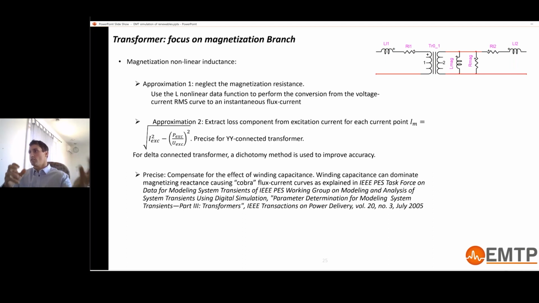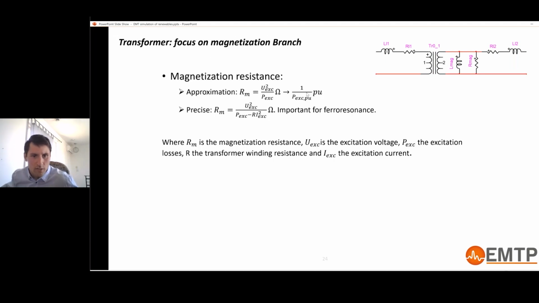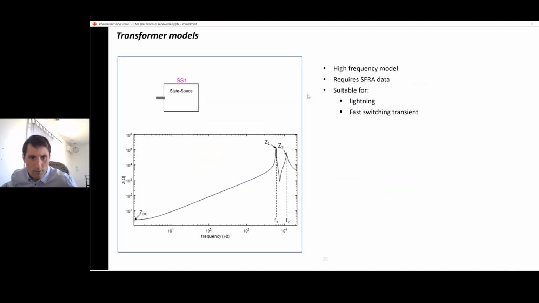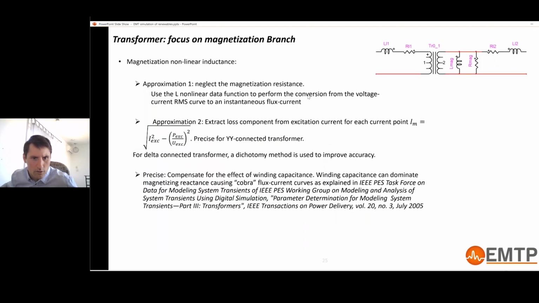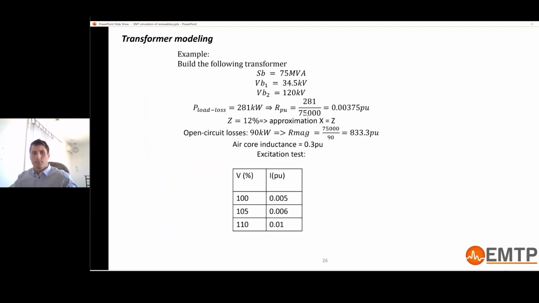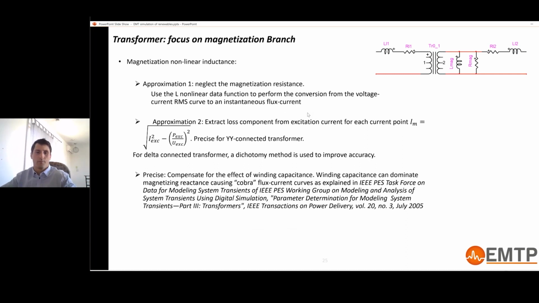The load losses are also a standard test where the transformer has 1 per unit of current going through it, and you have the losses. But in this case, most losses are due to these resistances. Almost nothing is due to that. And so you can basically just calculate R based on that. I probably have a slide on this somewhere. No, it's probably here during the lab. I will show you that right after.